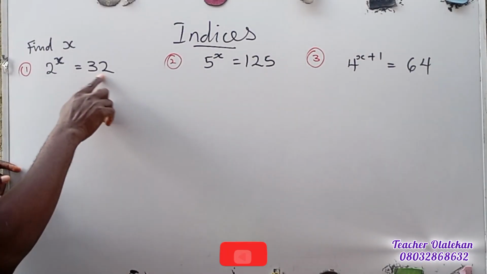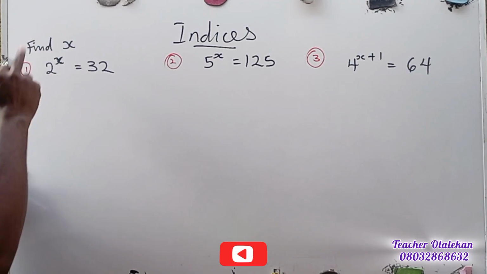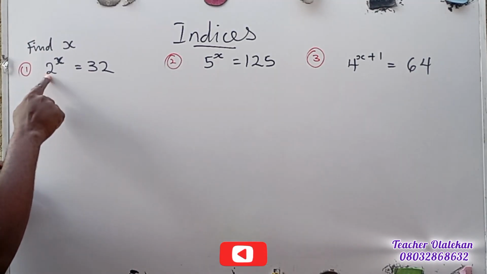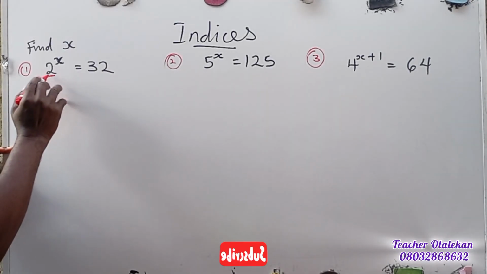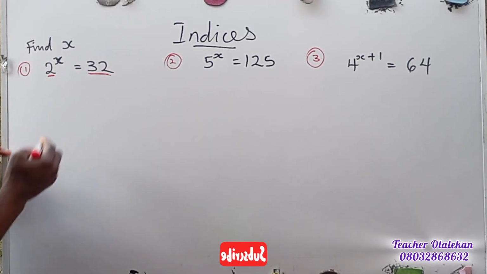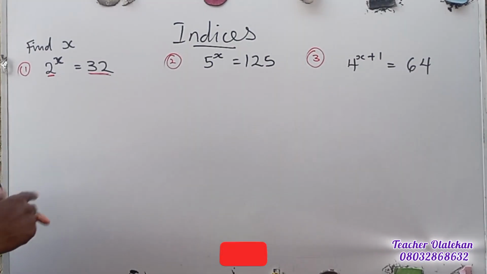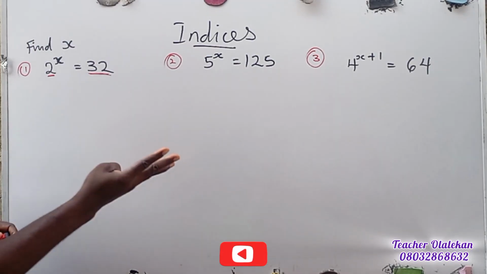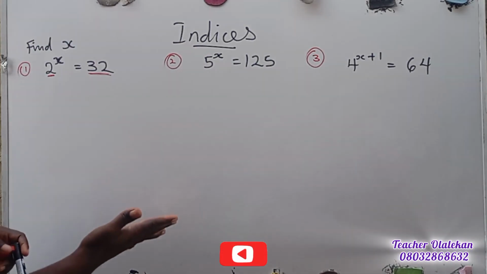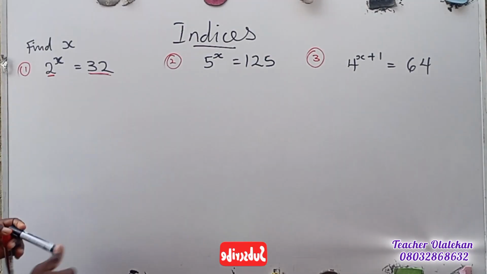We express this according to the power of the exponent. So we make sure that the base, which is 2, is equal in these two. So we express this as the power of 2. So if you want to express that, that should be 2 times 2, 4 times 2, 8 times 2, 16 times 2, 32. So that's 2 exponent 5, right?